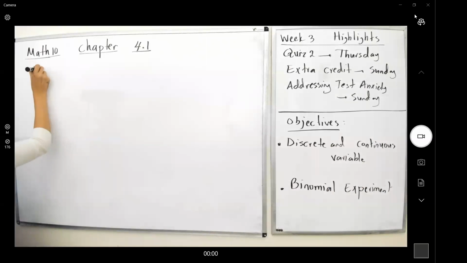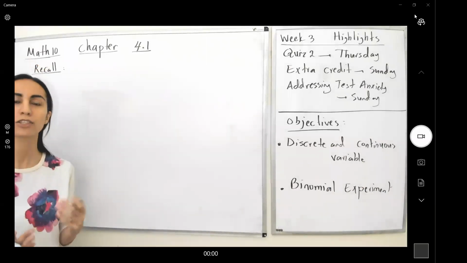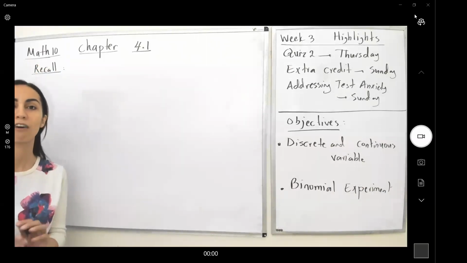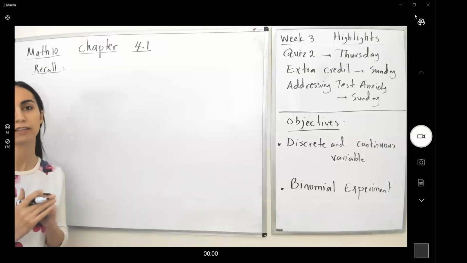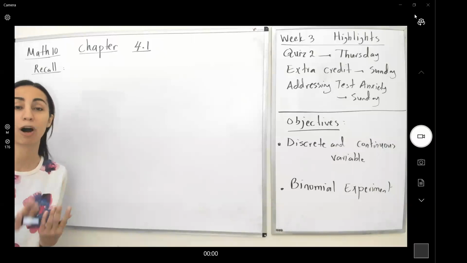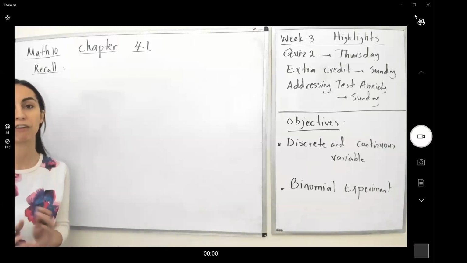Recall that in chapter 3, we started talking about the probability of an event, and we learned that we have a classical way of finding the probability of an event.